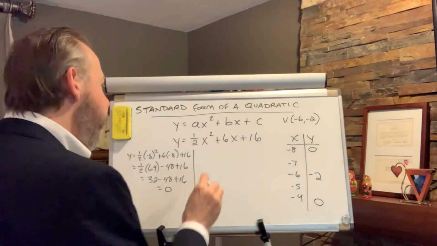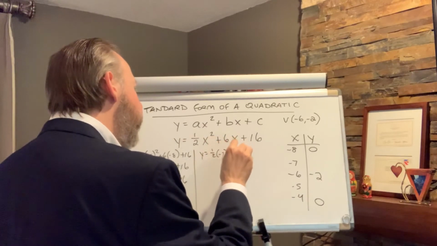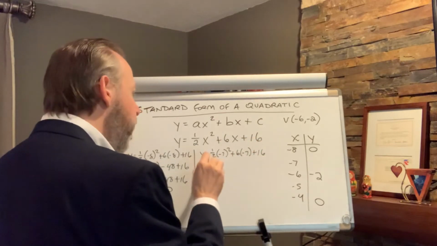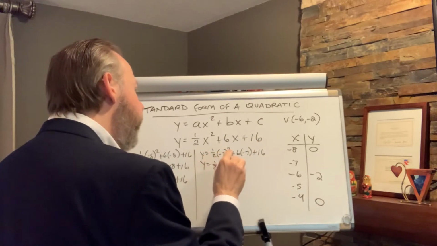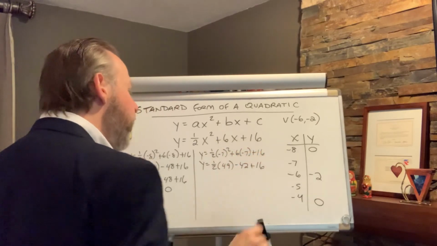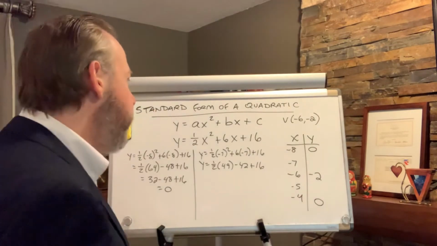Plugging in the negative 7, y equals 1/2 times negative 7 squared plus 6 times negative 7 plus 16. That's 1/2 of 49 minus 42 plus 16. Yes, you can have decimals or fractions. It's not that big a deal.